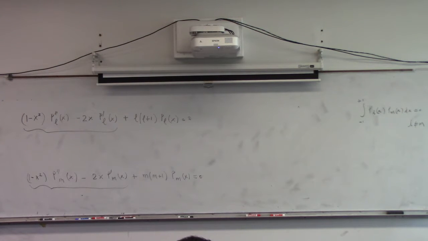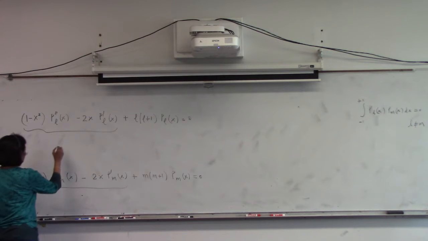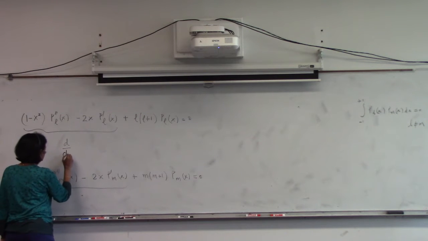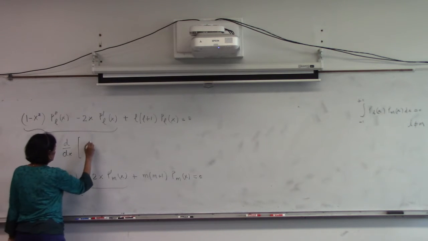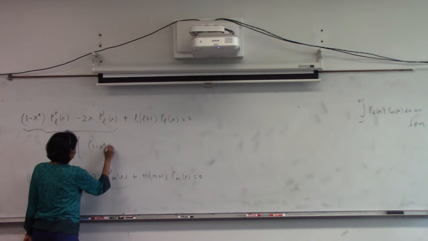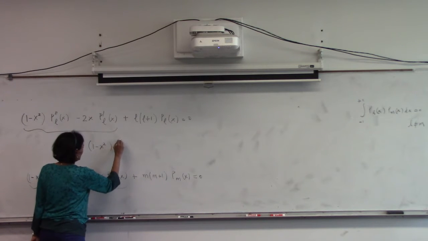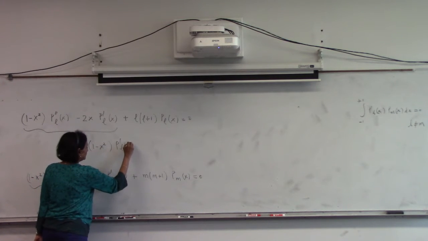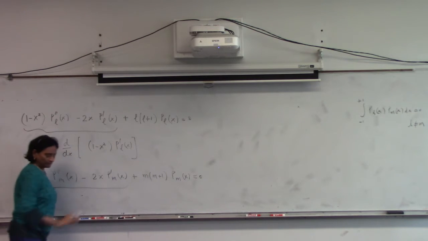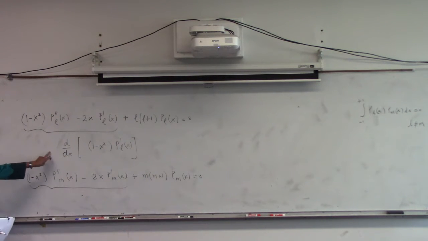I want to write that as d over dx of something. D over dx of (1 minus x squared) P prime L of x, right? Yeah, I can combine that this way.